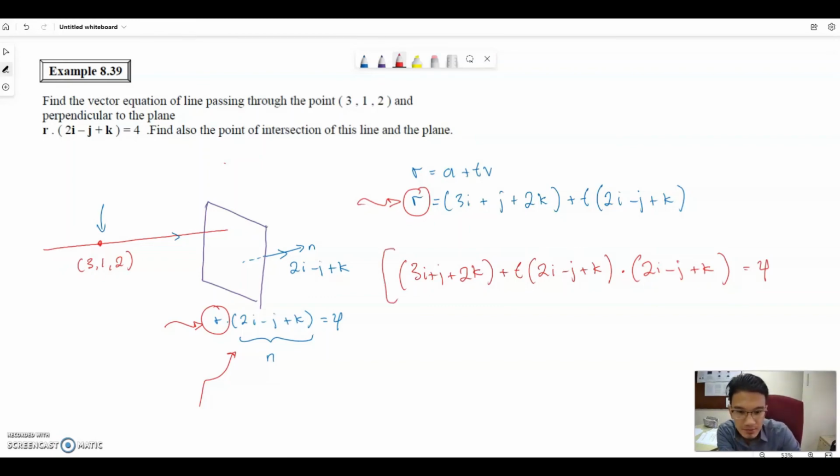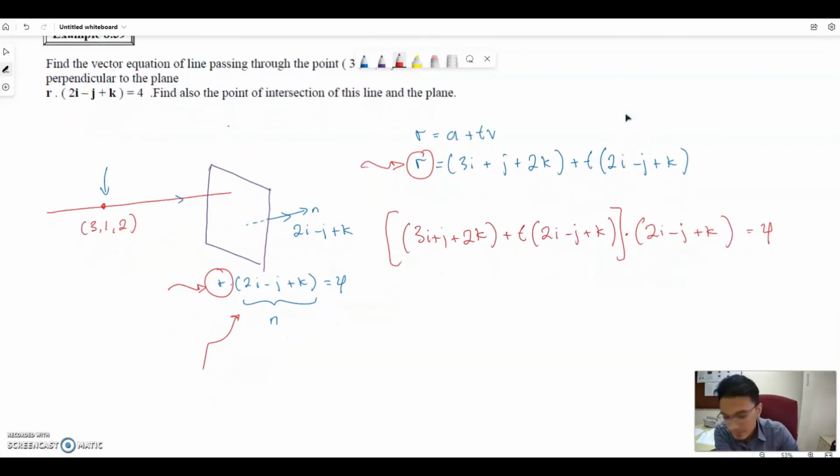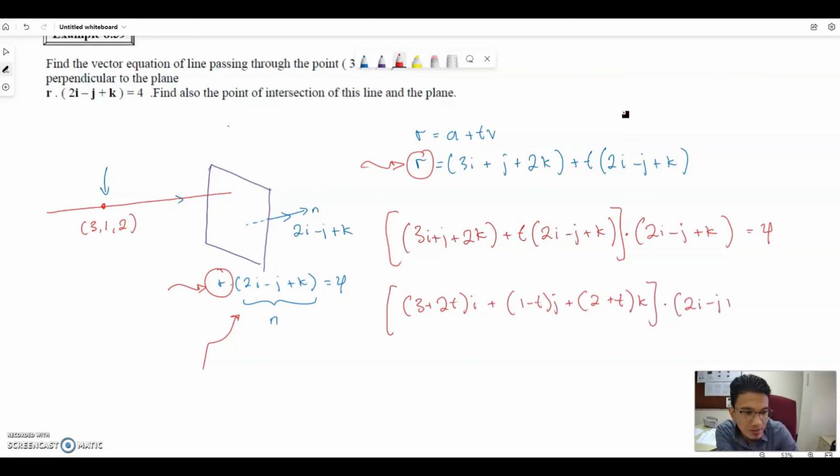Right here, we have to solve the one in the square bracket first. So it will be (3 plus 2t)i, (1 minus t)j, plus (2 plus t)k, dot with 2i minus j plus k equal to 4. Then you do the dot product.